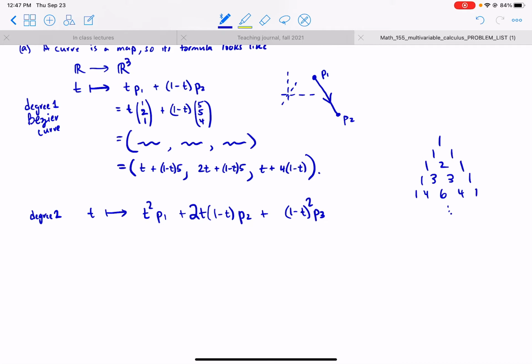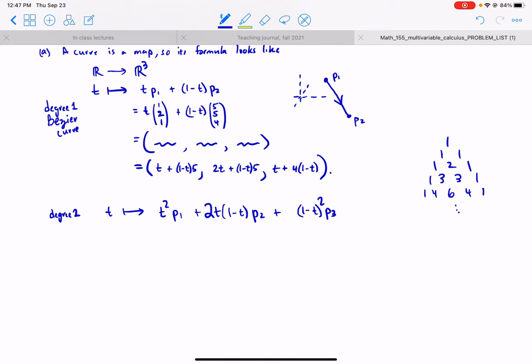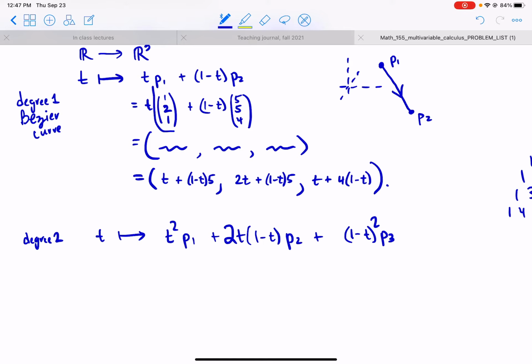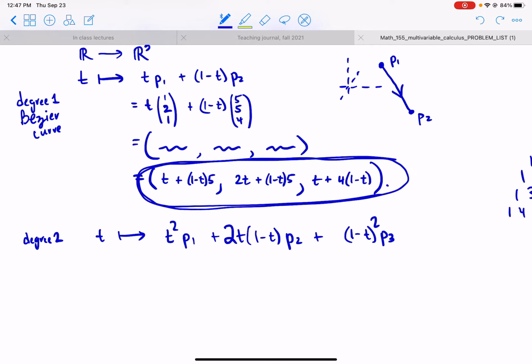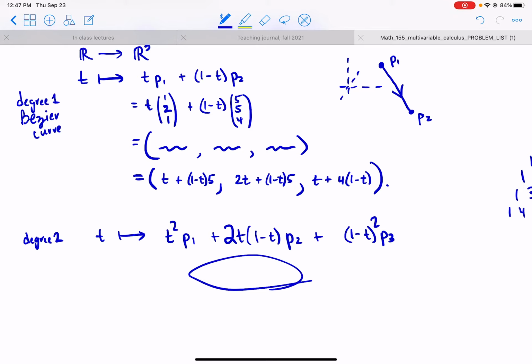Etc., etc. Okay, so now I have my formula, and since I already showed that P1 and P2 are points in R3, I don't have to do it here. And since I already showed I know how to explicitly write out the 3 coordinates of this map, I don't have to do it here.